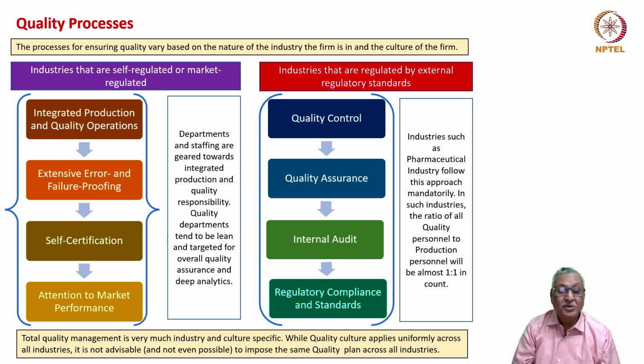Total quality management, therefore, is very much industry and culture specific. Quality culture applies uniformly across every industry. However, it is not advisable or even possible to impose the same quality plan across all industries.